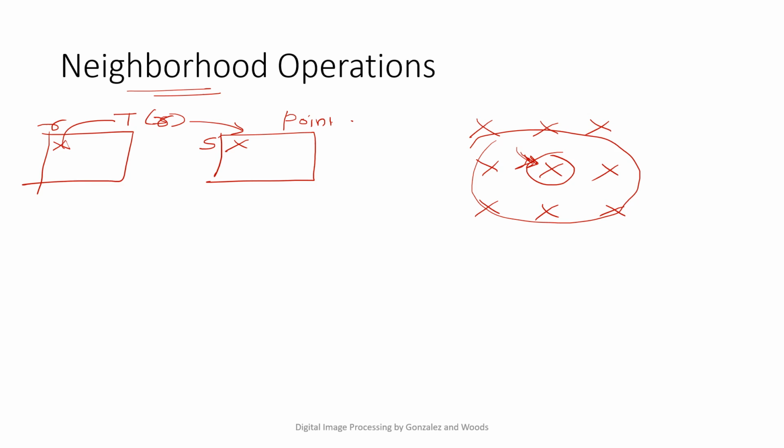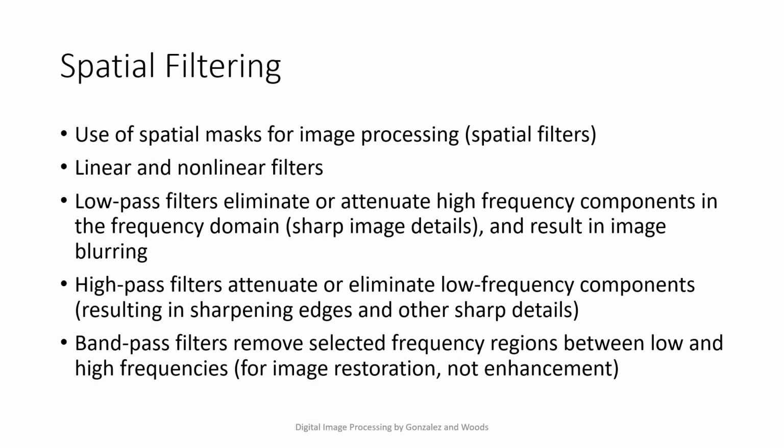So this is not one to one, like in the earlier case where the value depended only on that particular pixel. Here the value will depend on the neighborhood of the pixel. Filtering is one of the neighborhood operations. What filtering is, we'll see in detail now.